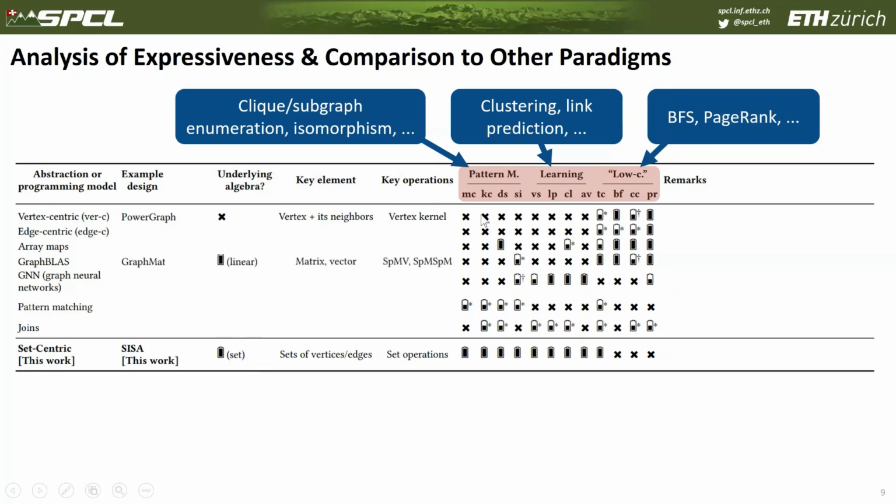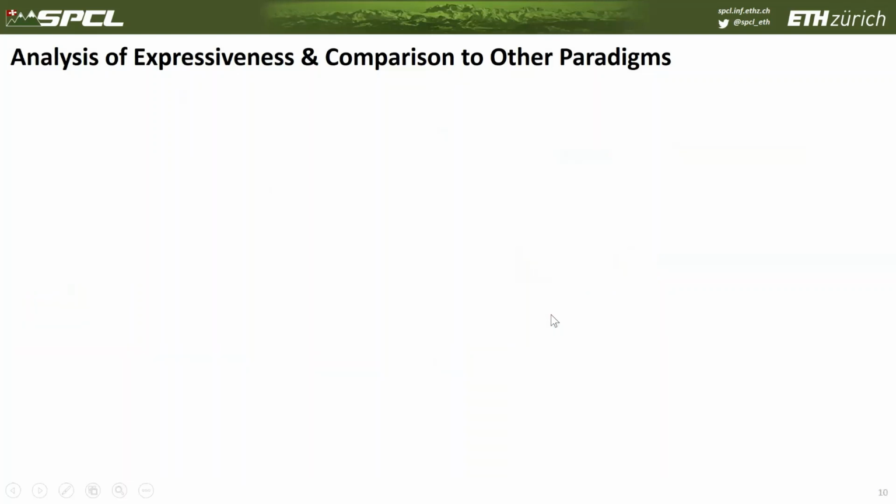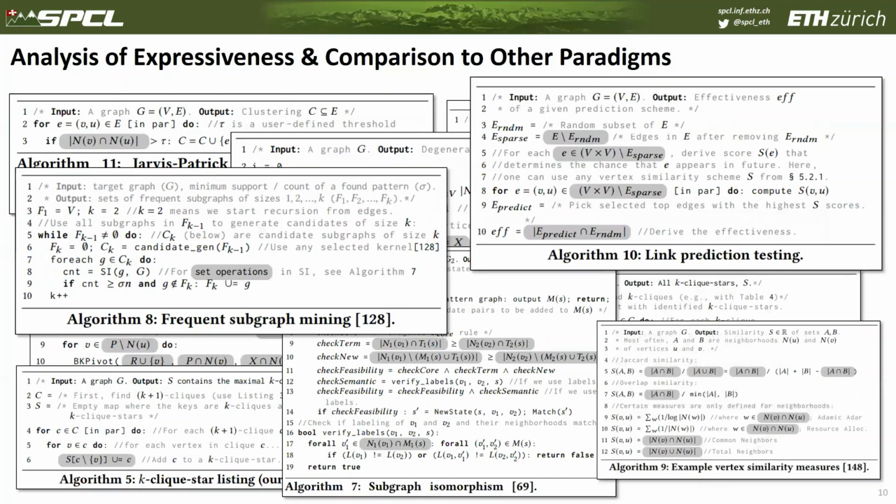Another paradigm, which is also based on algebra, but linear algebra, is GraphBLAS. The key elements there are matrices and vectors, and the key operations are operations on these elements. We provide many more set-centric formulations. You can check all these things in the paper.